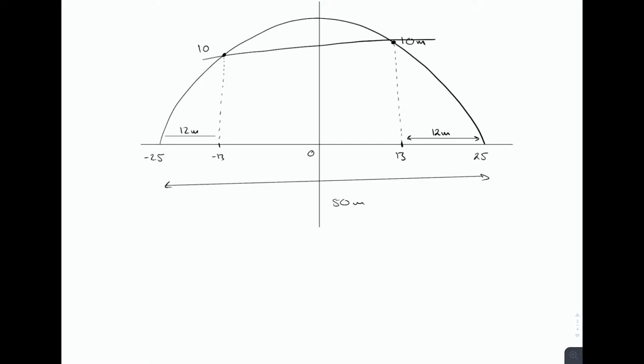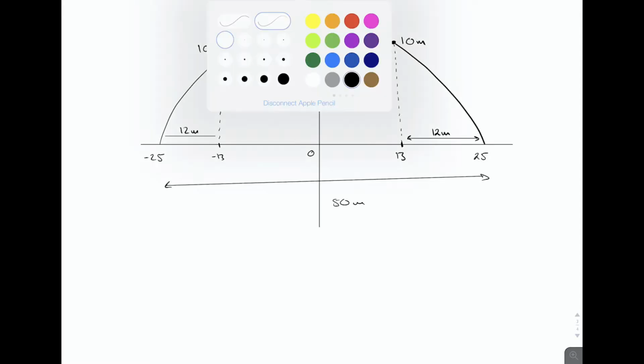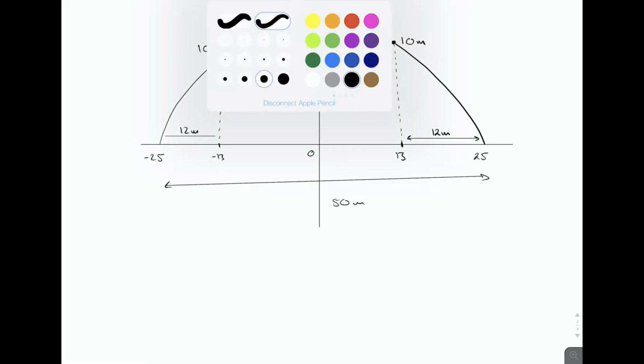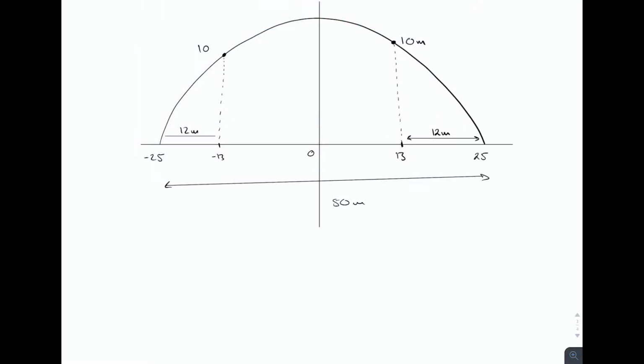Again, this picture is obviously very wrong, but the idea should be pretty straightforward. Again, these are on the same horizontal plane. If you really want to see that, I'll make sure that they're both on the same plane. Okay, so there is our picture, our diagram.